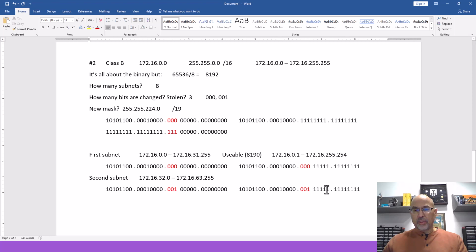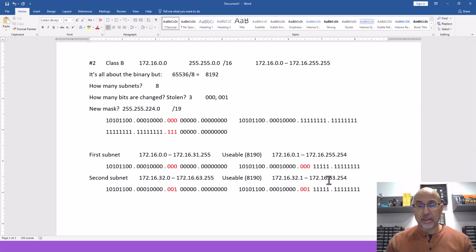So it's 32 plus 31, and then 255. Usable, still 8190, but the range now is 172.16.32.1 to 172.16, what would it be? 63.255, or 254 is our usable.